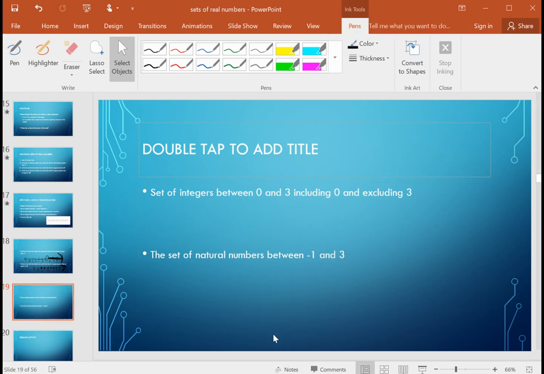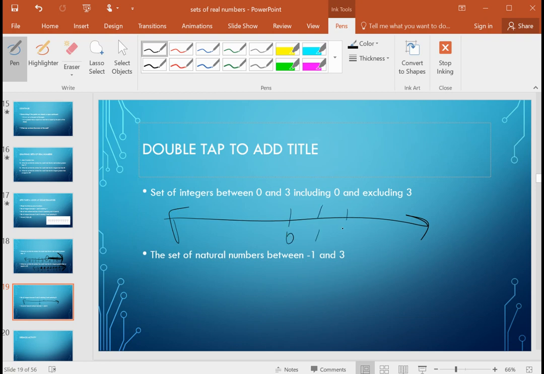If I do the first one, we have the set of integers between 0 and 3. We could just draw the 3, but let's make it proper. So between 0 and 3, including 3. If it's including 3, we have a dot. If it's excluding 3, we have an open circle. And because it's integers, we will put it there. And that's all you have to do.